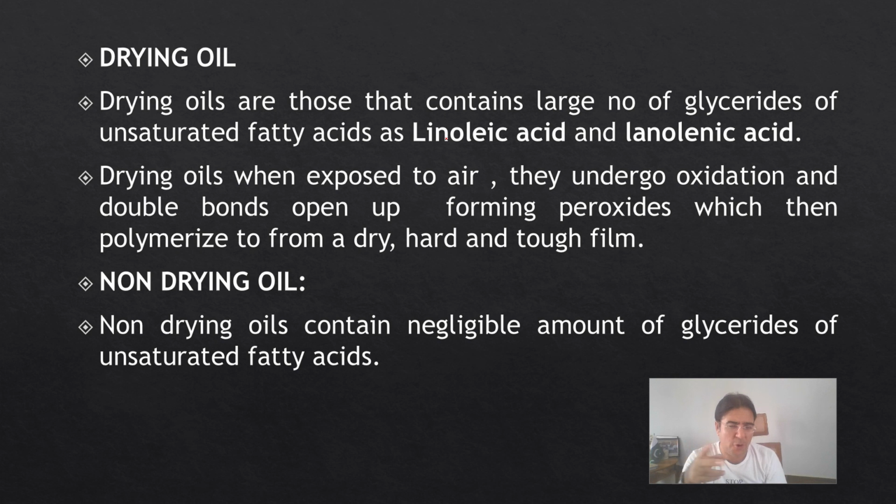I'm not sure, but they both are octadecanoic or decanoic acids. They're called drying oils because when they're exposed to air and heating, upon oxidation, double bonds open up, polymerization, and on top of this, a dry, hard film is formed.